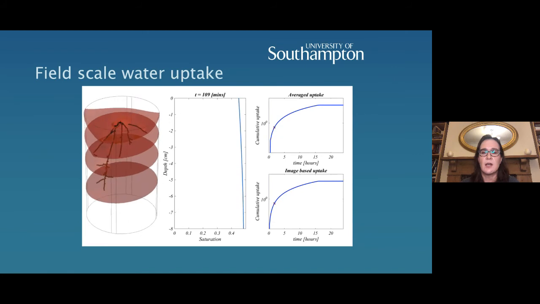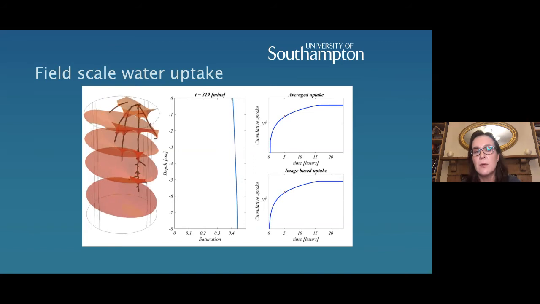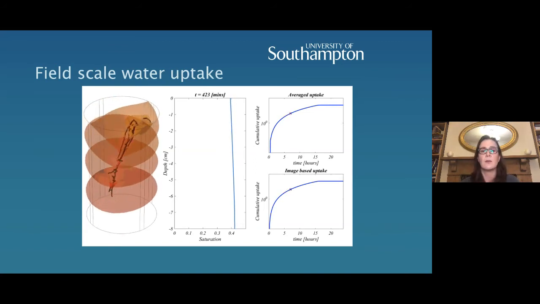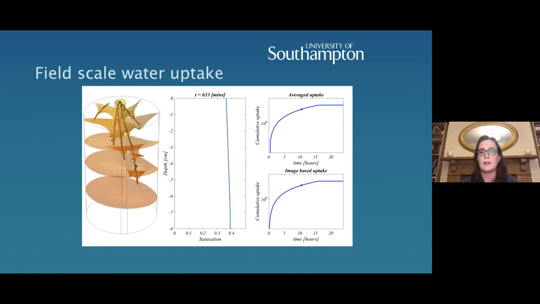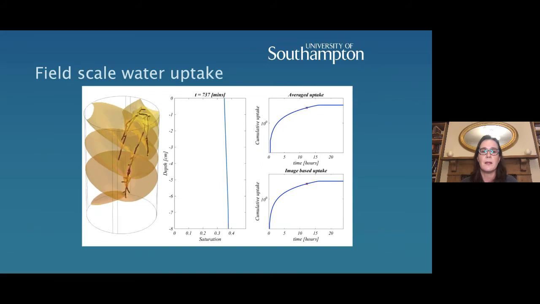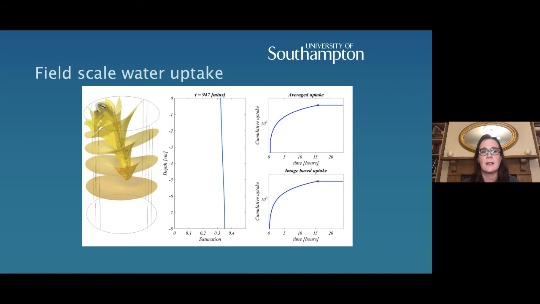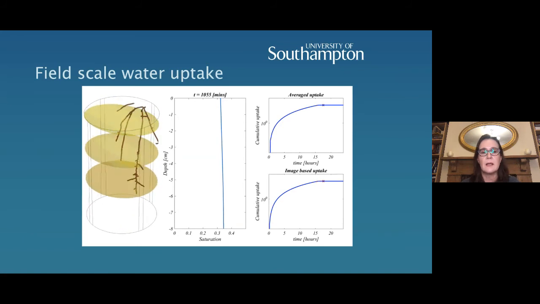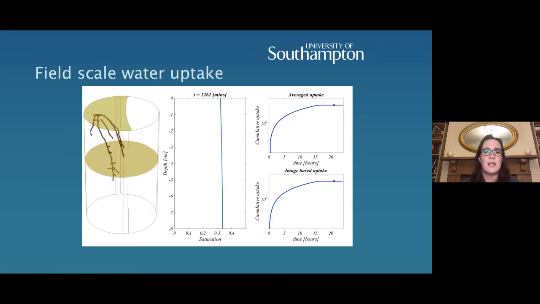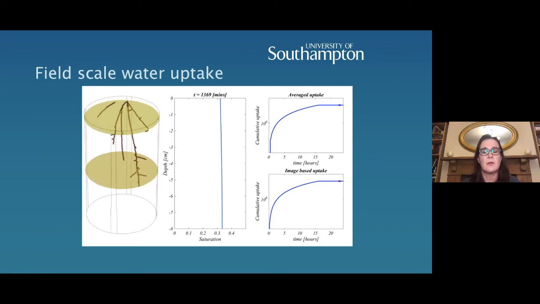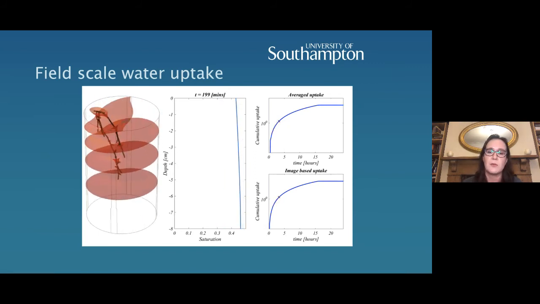For water uptake, our conclusion is that we don't need to do imaging at all if we want to do plant water uptake only, because the difference in the two models is sub 2%, so it's well below any experimental error. And this is a clear illustration that if you're interested in plant water uptake, in my opinion, you're wasting your money on scanning. You need to have some other reason for doing expensive X-ray CT scanning than just predicting how much water this plant takes up.